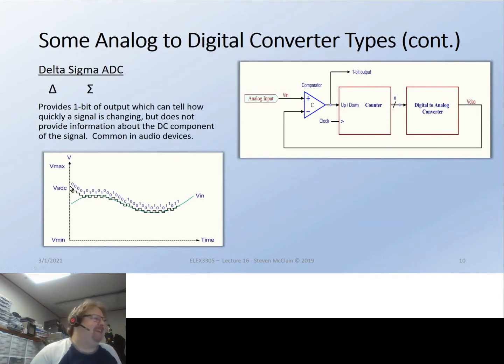Anyway, they use what's called a sigma delta converter, or delta sigma, and it's really only got a 1-bit conversion, but it's kind of a funny thing, right? So now instead of just an up counter, we've got an up and down counter. And it's going to start at some value, wherever it is.